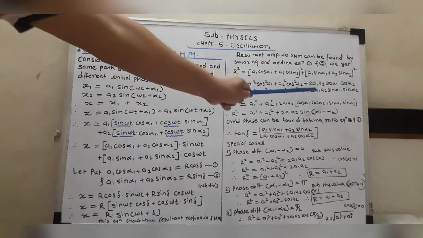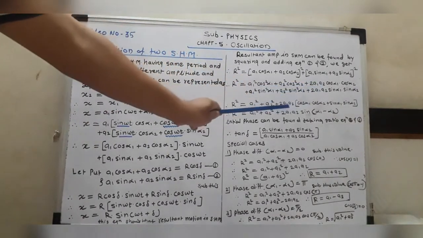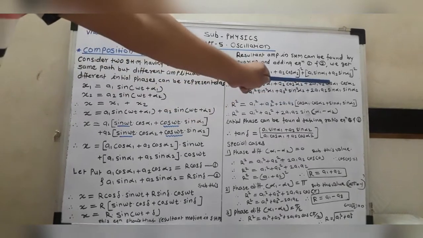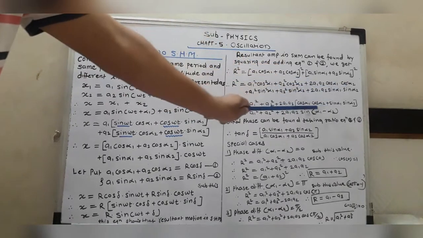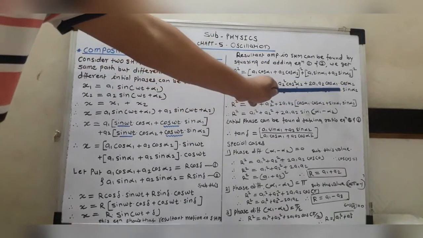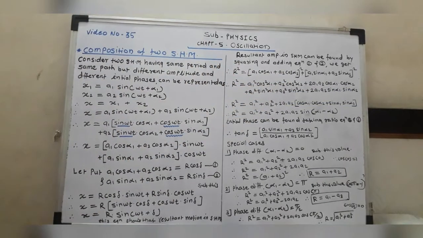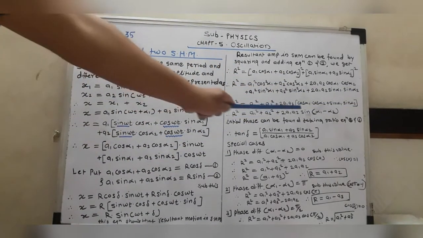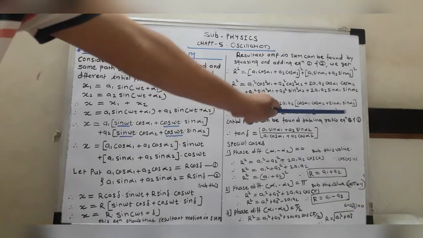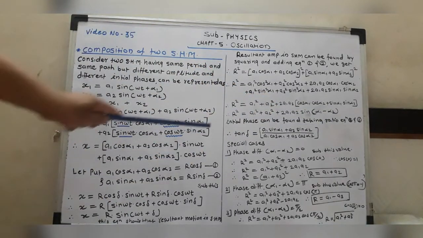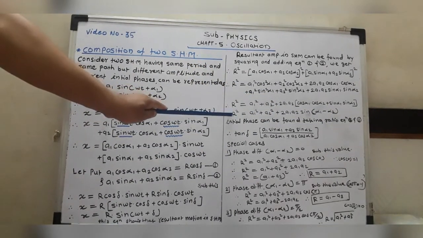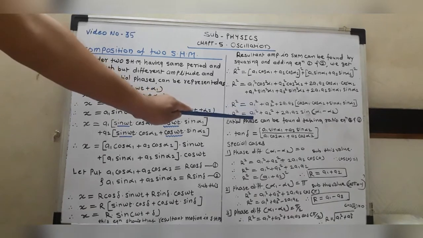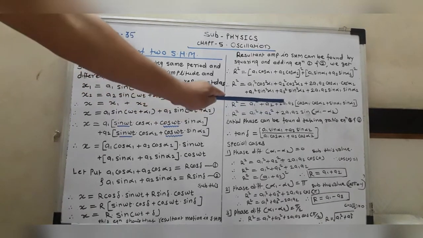Then the last one, twice a1 a2 is common, and the bracket term is cos alpha 1 cos alpha 2 plus sin alpha 1 sin alpha 2, and this is the formula for the sin of alpha 1 minus alpha 2. Therefore the resultant amplitude r square is equal to a1 square plus a2 square plus twice a1 a2 into sin of alpha 1 minus alpha 2.